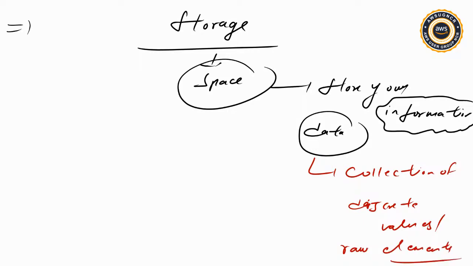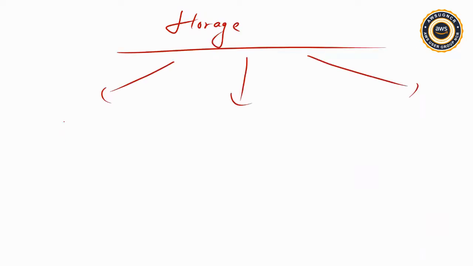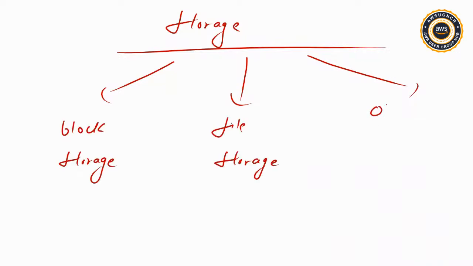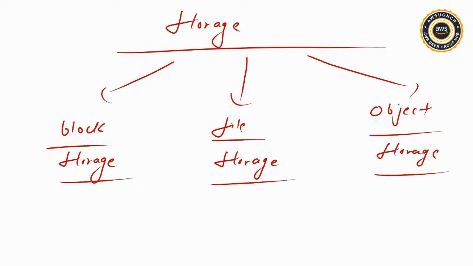So major classification of storage in AWS we do, that is block, file and object, and these are the three major classifications. Okay, block storage means you are storing the data in small blocks, in small chunks.